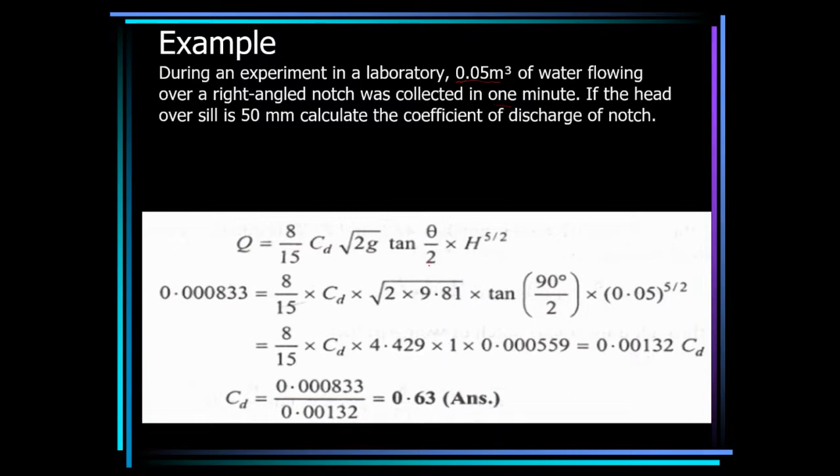So this is the formula. Q can simply be found by saying 0.05 meter cubed over 1 minute, which is 60 seconds. So we divide by 60: 0.05 over 60.